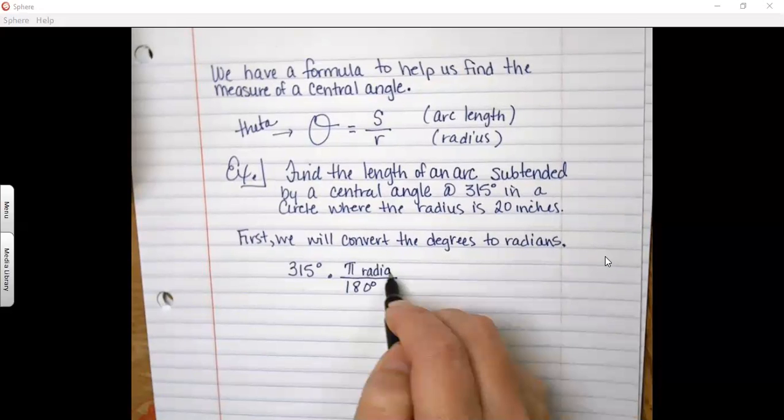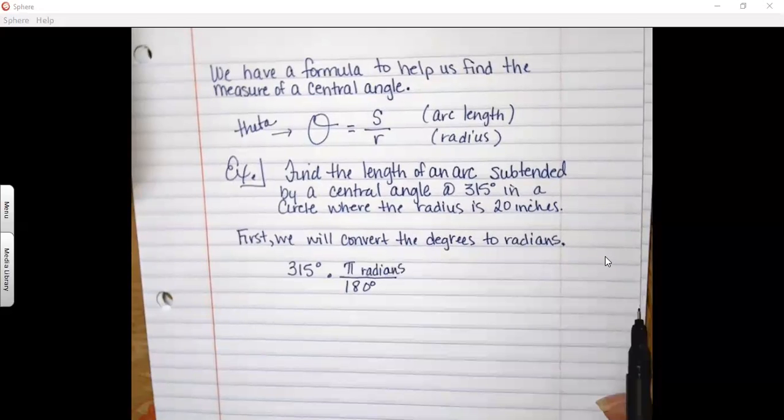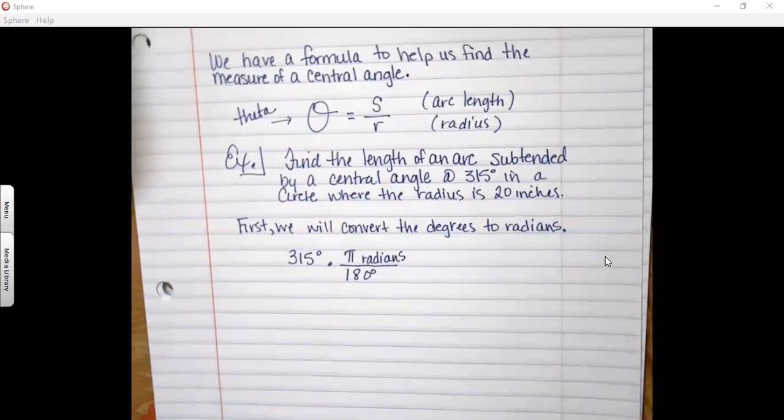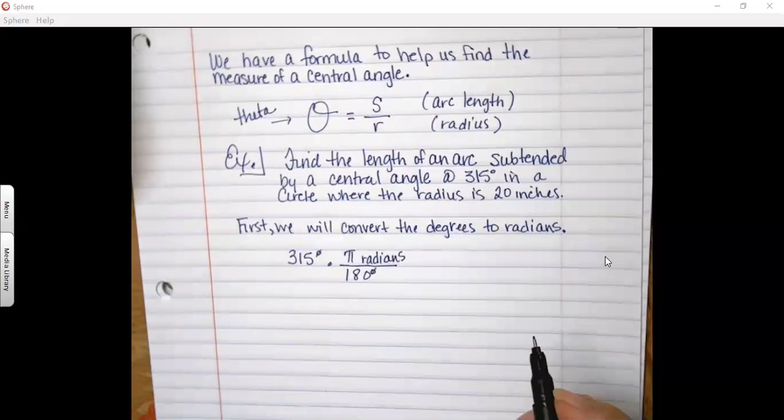So the little degree symbols will cancel each other out. And I'm going to reduce 315 and 180. I think I can divide by 45. 315 divided by 45 is 7, and 180 divided by 45 is 4.